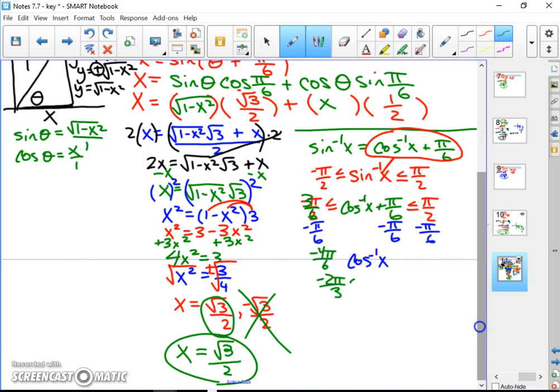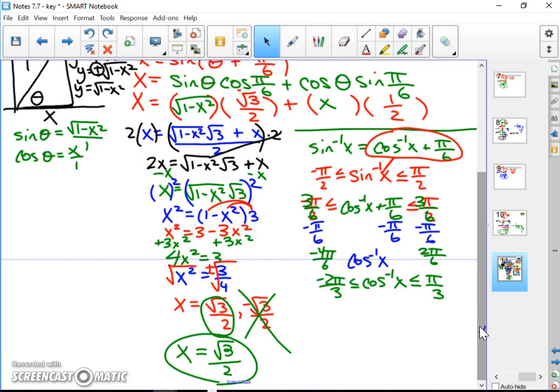So let's just go ahead and reduce. And over here, you've got 3 pi over 6 minus pi over 6 is 2 pi over 6. And that's pi over 3. So we just got a new statement that says inverse cosine x has to be in between negative 2 pi over 3 and positive pi over 3.